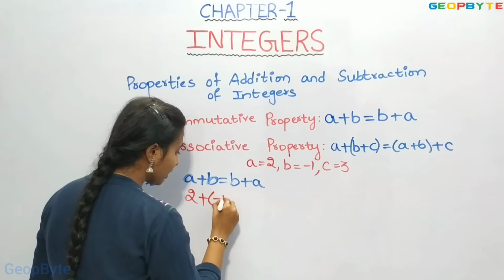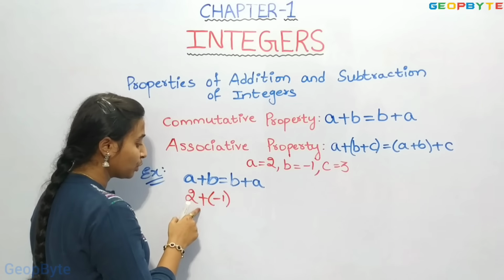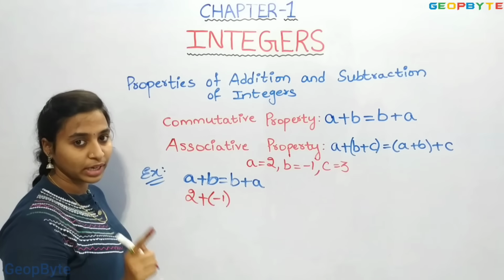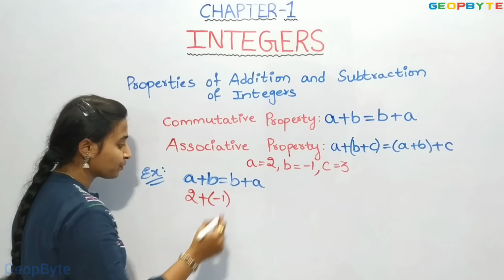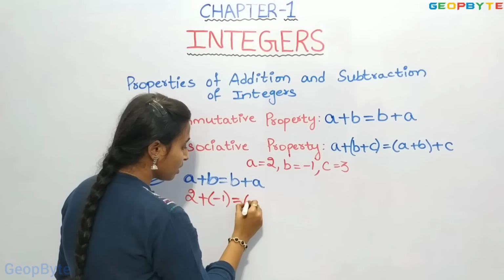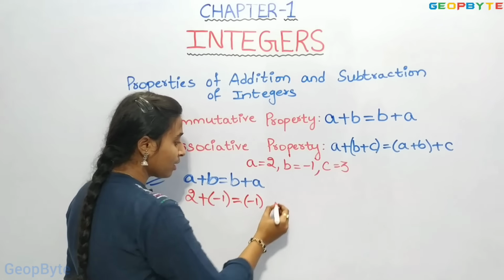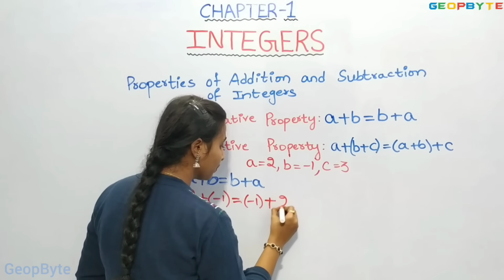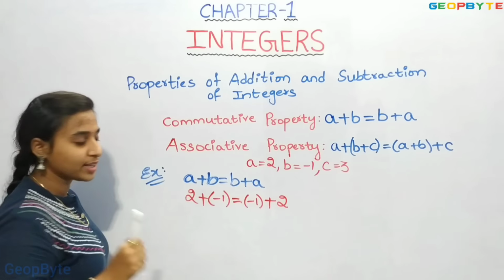Let us put it in a bracket because two symbols cannot be side by side. So, we need to put a bracket, is equal to, we have B as -1 plus A, 2. Now, let us solve.